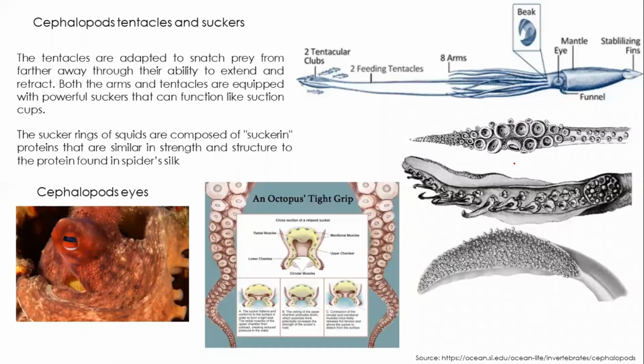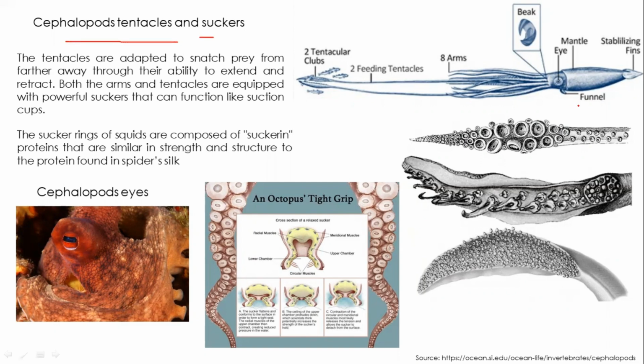Similarly, not only in the deep sea, even in the shallow waters or in the reefs, there are organisms which have developed special structures in order to be more efficient in catching prey. For example, cephalopods have tentacles and suckers.